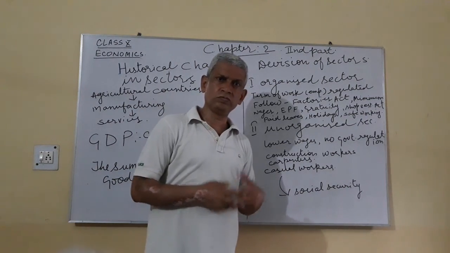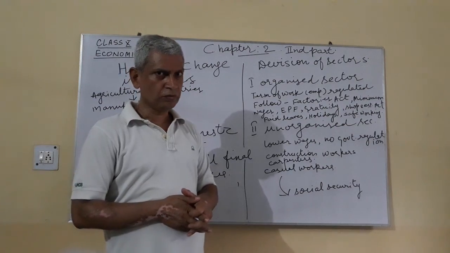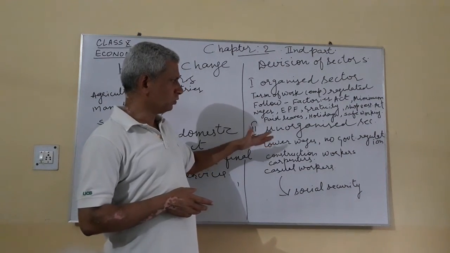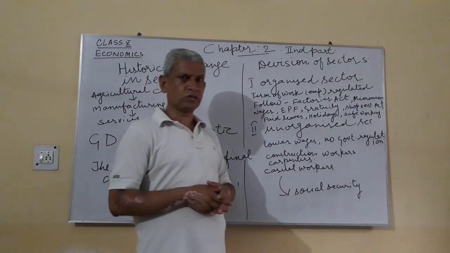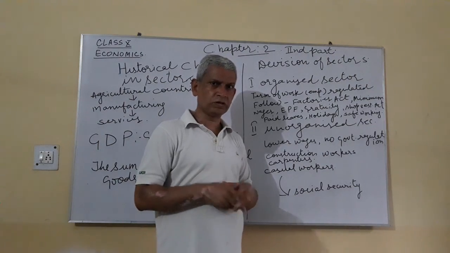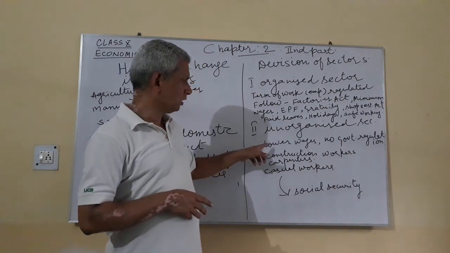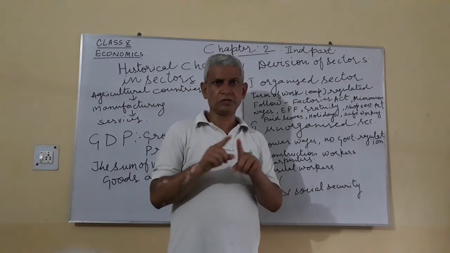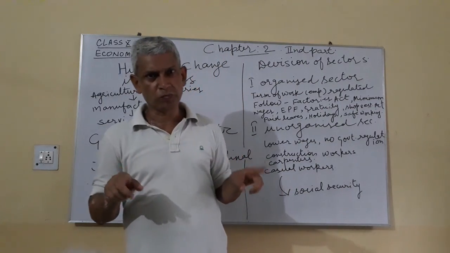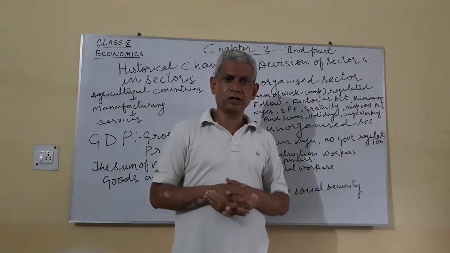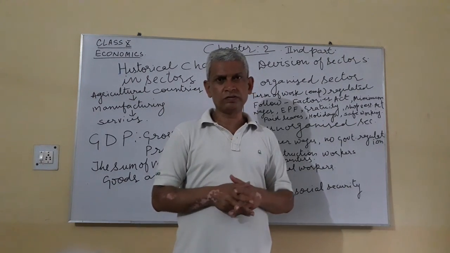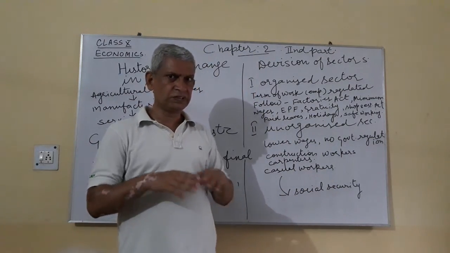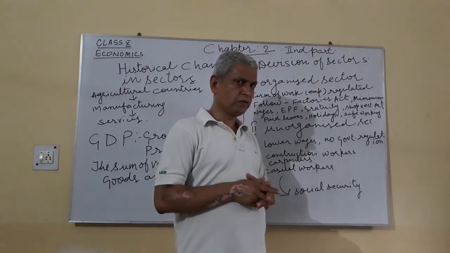Therefore, it is the duty of society and of the government to increase the share of the organized sector. We need to gradually bring these people into the net of the organized sector. We can provide them social security, like medical benefits, retirement benefits, and insurance, so that their needs are taken care of.